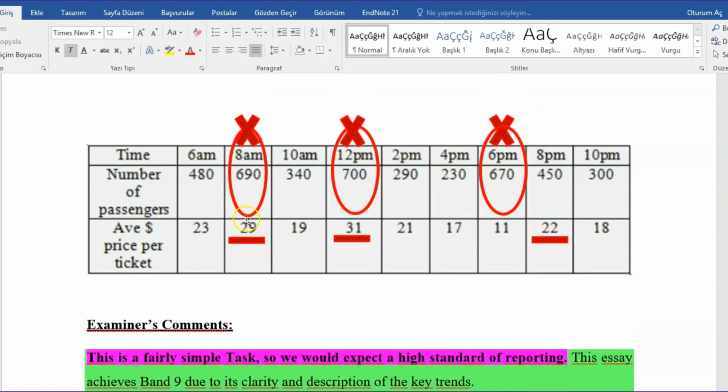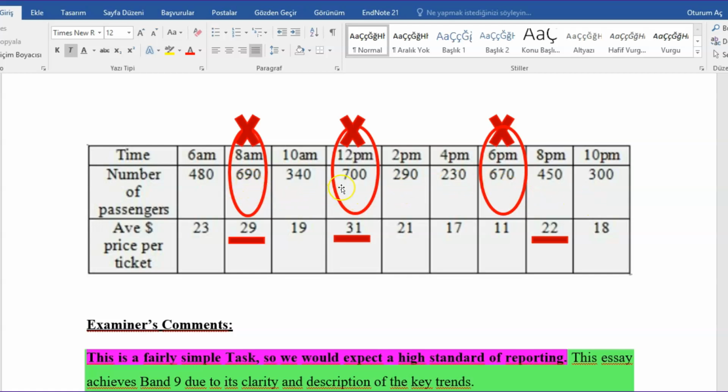As we see here, during the day we have to show the highest number of passengers.